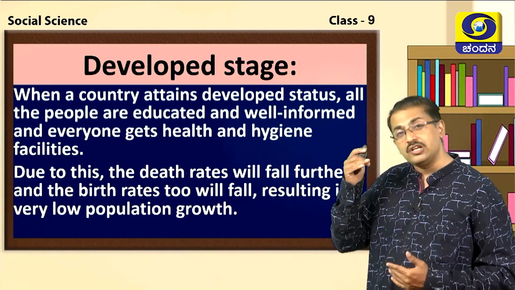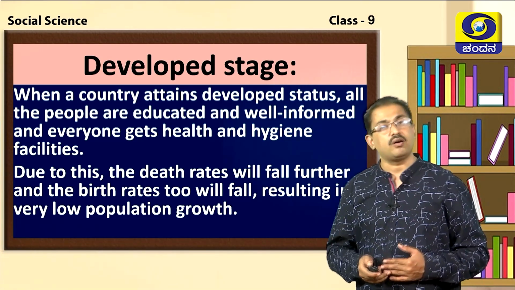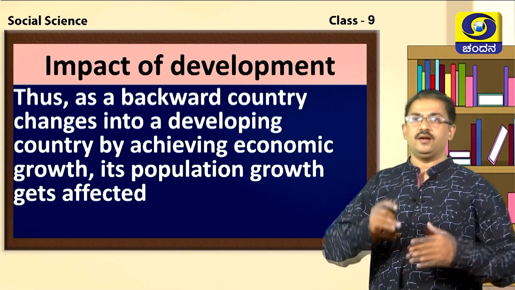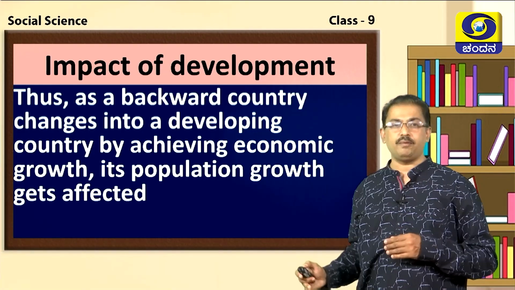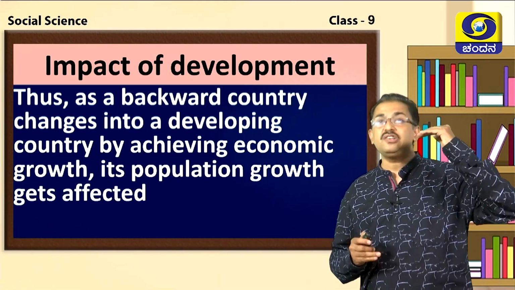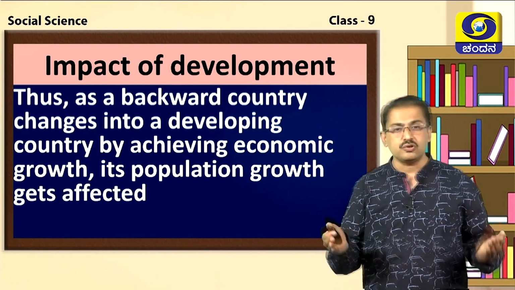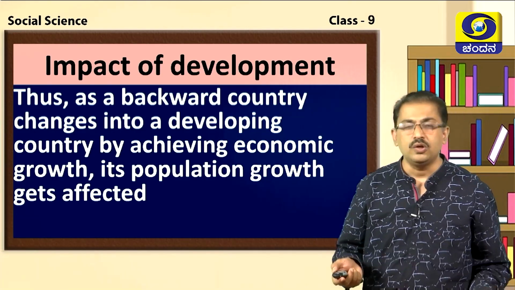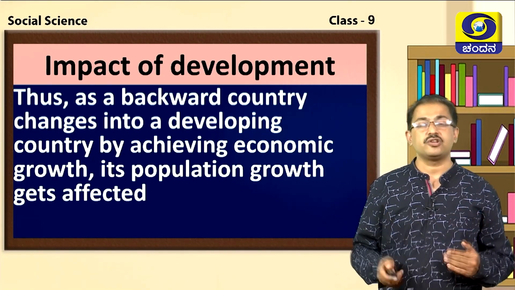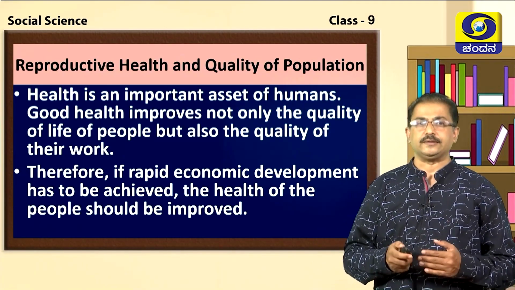This is the condition of the developed stage of demographic transition. So, let us see the impact of development. If development is taking place, definitely people get facilities like health and education, and awareness comes to the mind, and population growth gets affected.